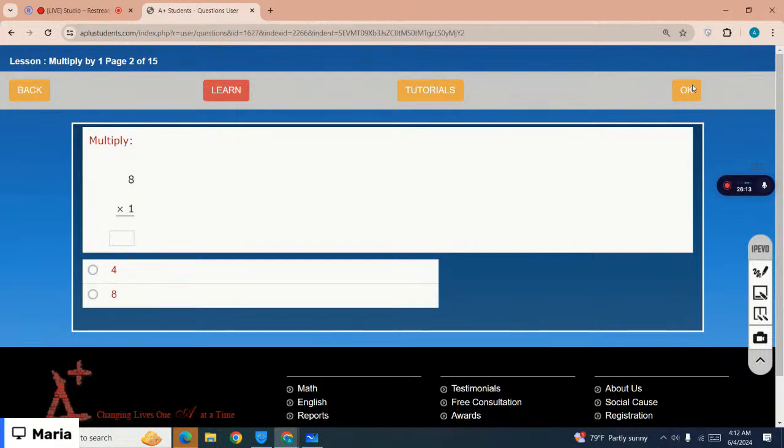So which is the correct option? 8 times 1 is 8 it is.